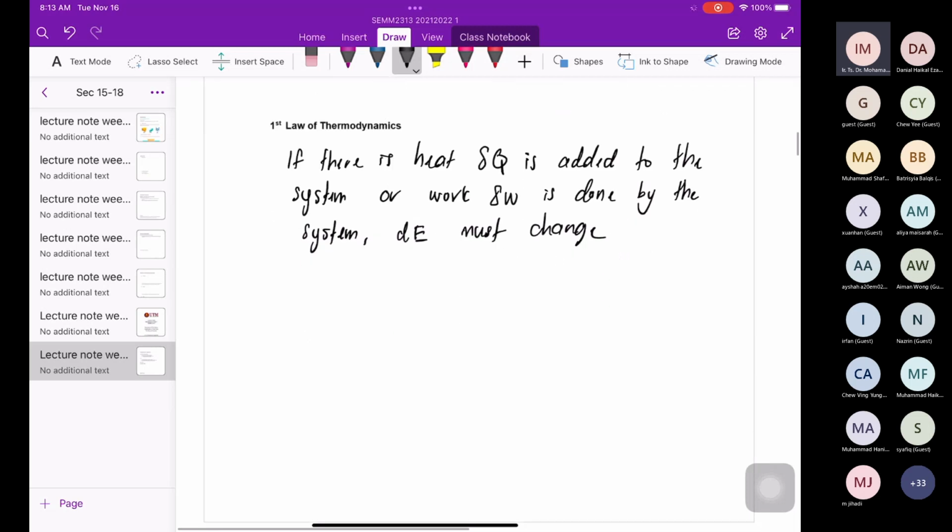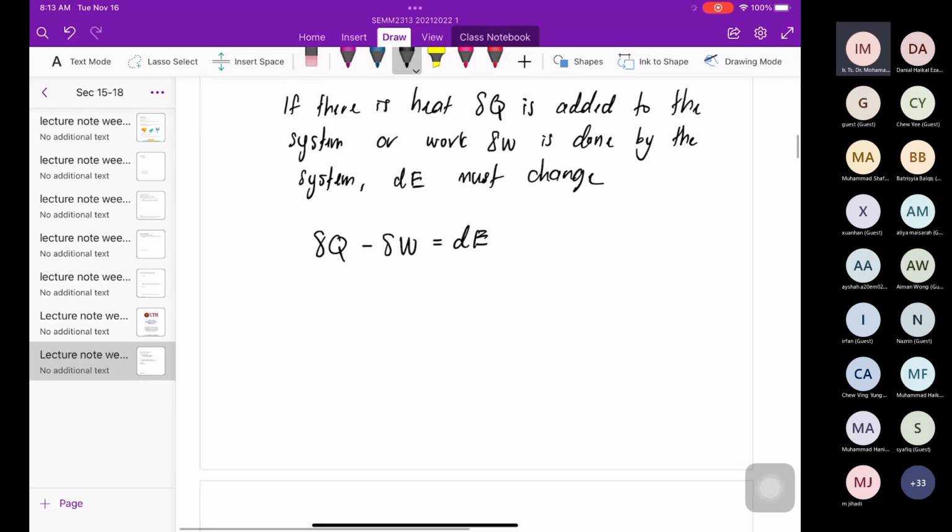Alright, so according to the equation, this is Q, the small change of heat energy into the system, and then this is the work done by the system. The system does the work, it is negative, right? Equal to dE.